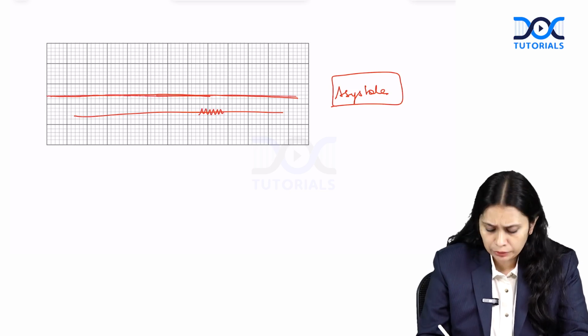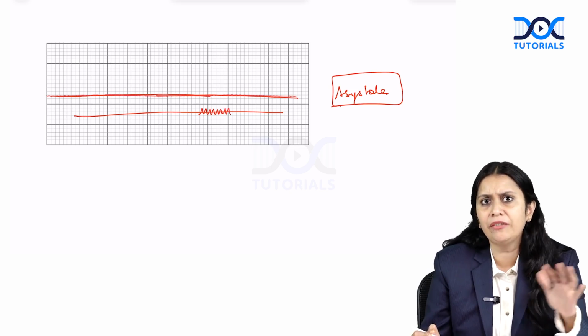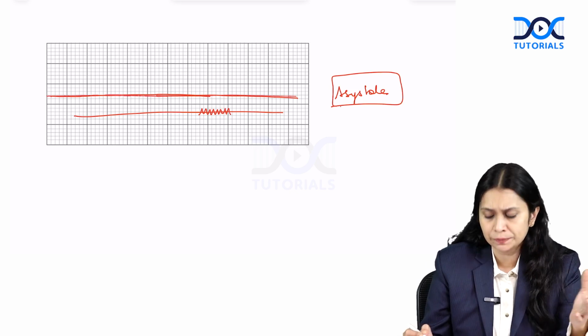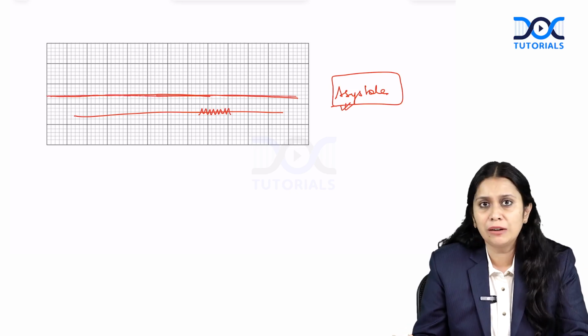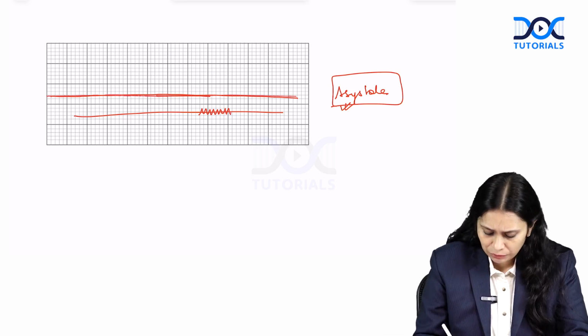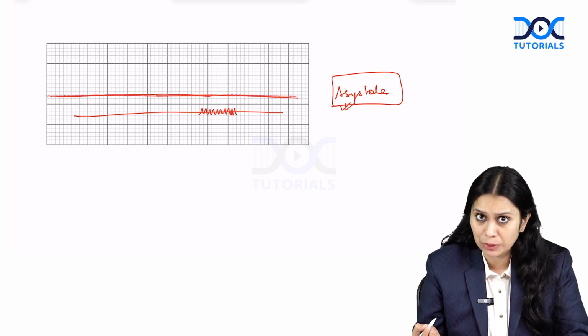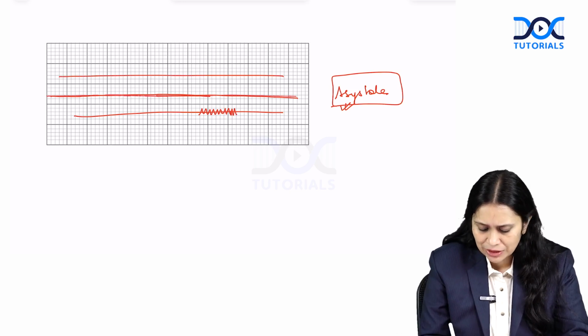Why do we need to differentiate between VF and asystole? Because VF has a definitive management, that is shock. In asystole, we don't give a shock, we just do CPR. It doesn't have a definitive management. So if we discover it's VF, then we are in a better place. But asystole is just a straight line.